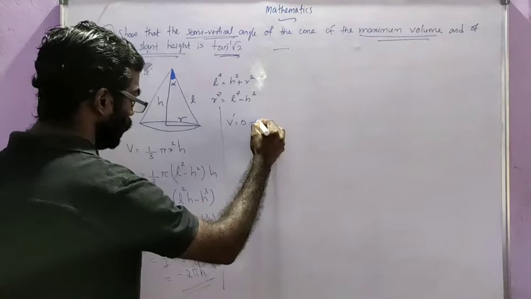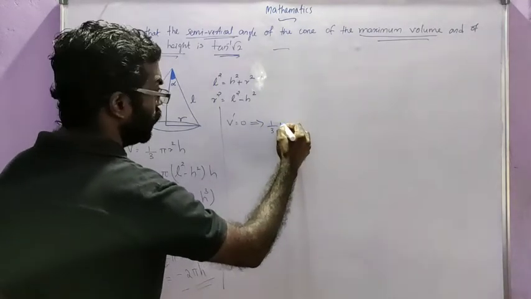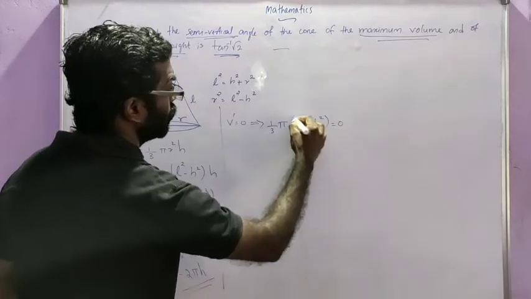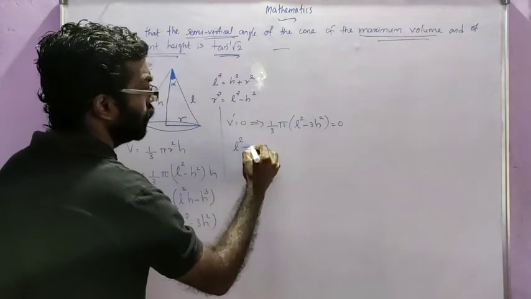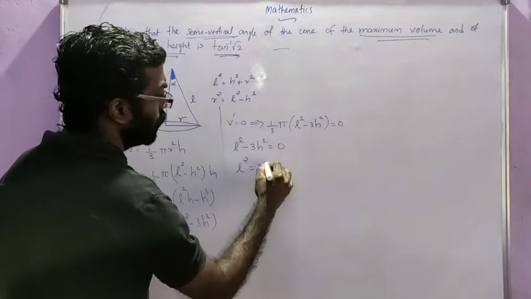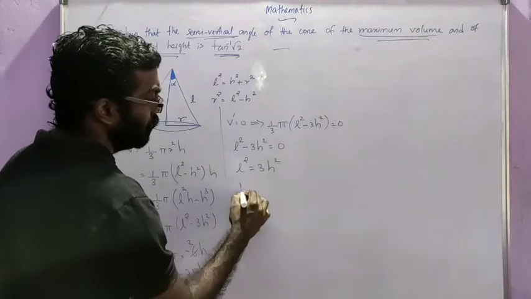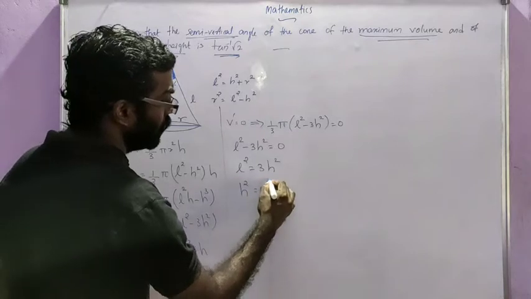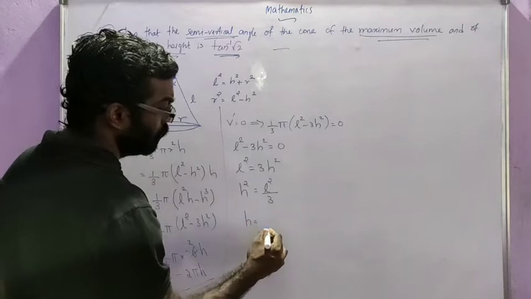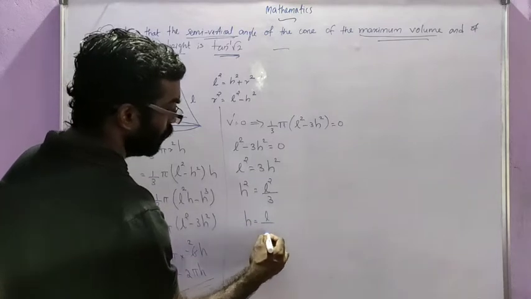V dash equal to 0 implies 1 by 3 pi into L square minus 3H square equal to 0. That is L square minus 3H square equal to 0. L square equal to 3H square, or H square is equal to L square by 3. H is equal to L by root 3.